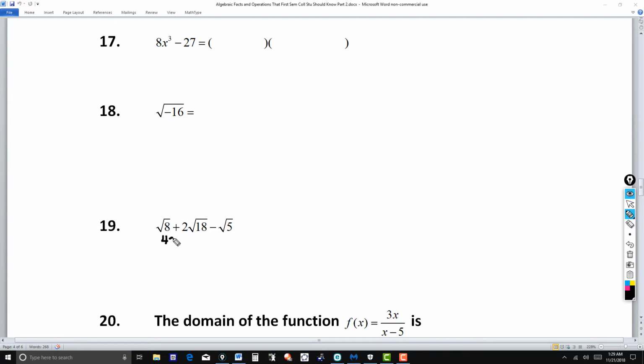The 18 can be written as 9 times 2. Okay. So again, we're using the fact that if you have the square root of two numbers, a and b, that breaks down to the square root of a times the square root of b.